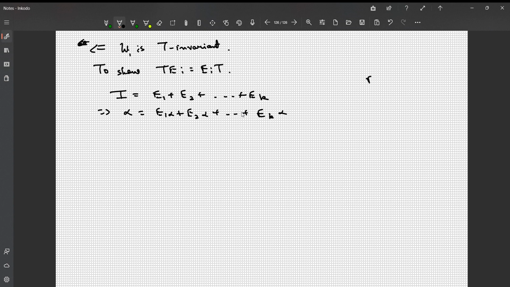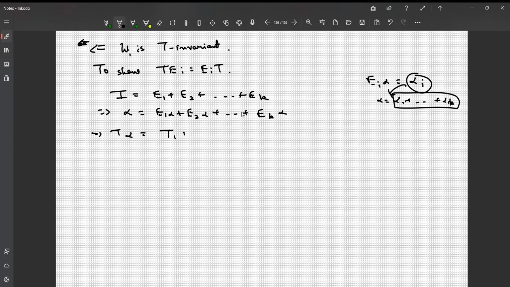This was also one part of the theorem which we proved in the previous lecture. Because we had discussed that these operators are such that Ei of alpha is sent to alpha i, where alpha is the sum of these elements. So alpha i can be considered to be the ith component of this sum, right? So this statement is obvious.